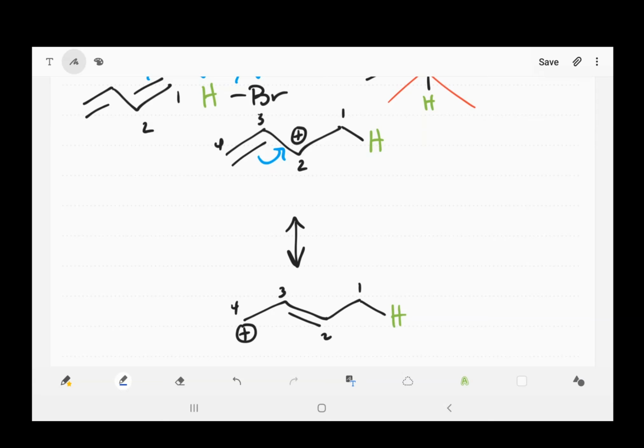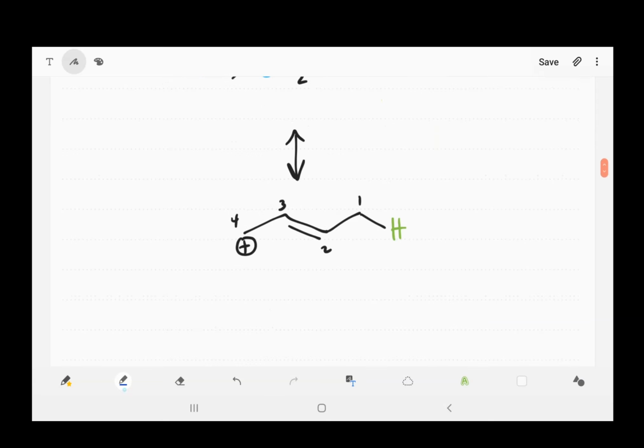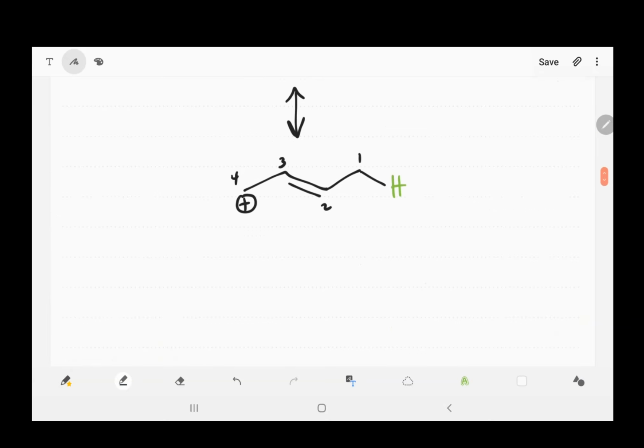If we look at a non-allylic case, remember, you can have a primary carbon here, a secondary carbon here, tertiary carbon here. Remember, the best place to put a carbocation is on your tertiary one because of hyperconjugation.